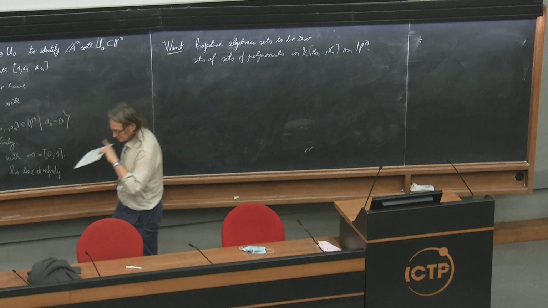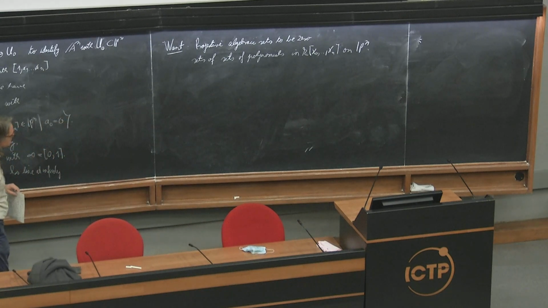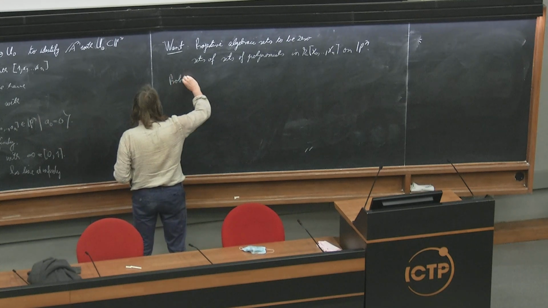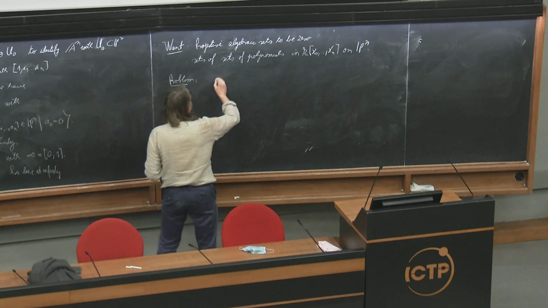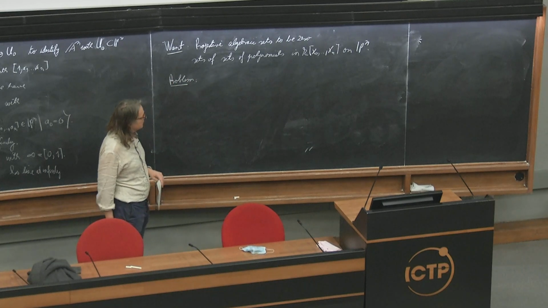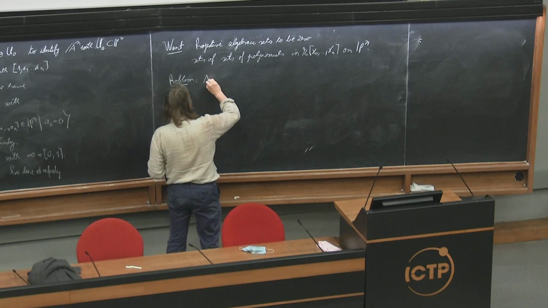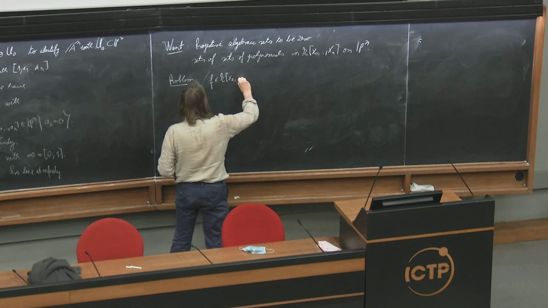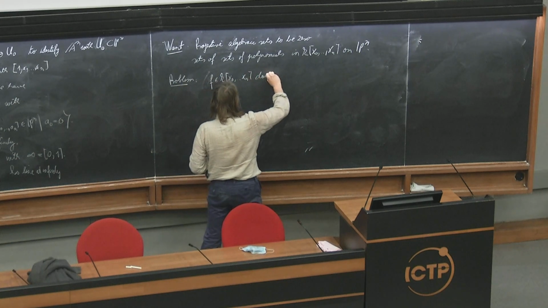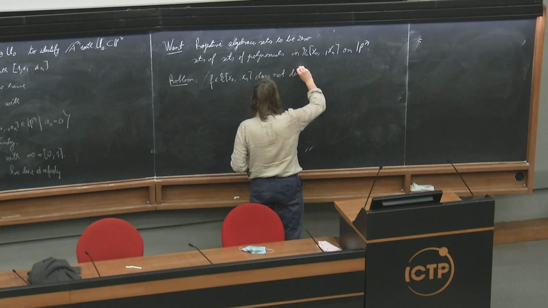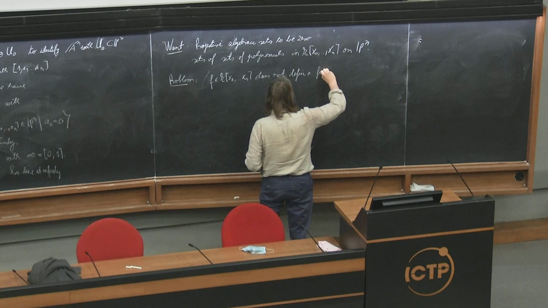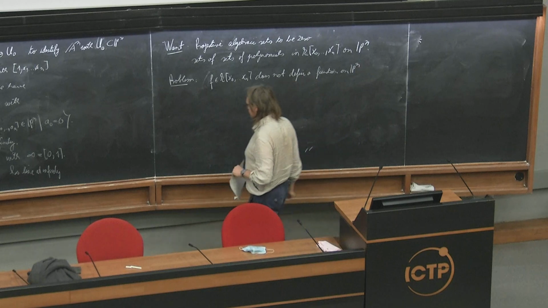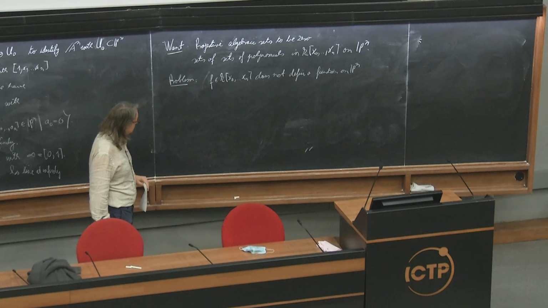Now, if we do this, there's immediately a problem, namely that it doesn't really seem to make sense. A polynomial does not define a function on P^n. F in k[x0, ..., xn] does not define a function, unless it's constant or the zero polynomial or something.